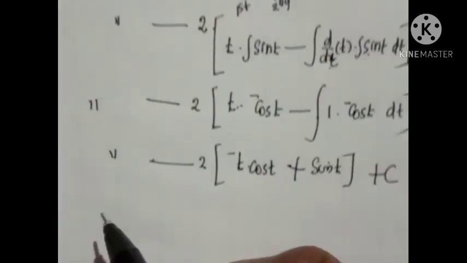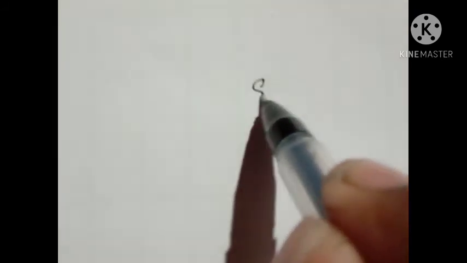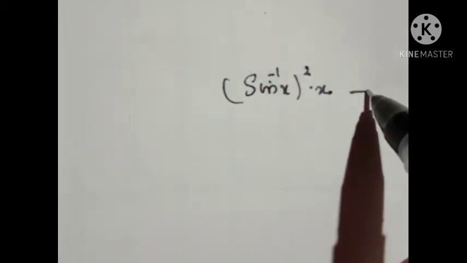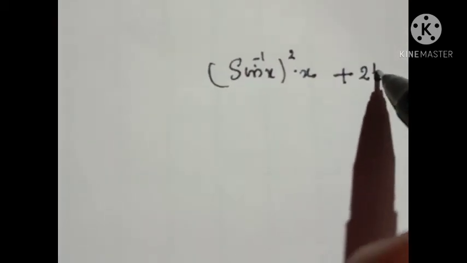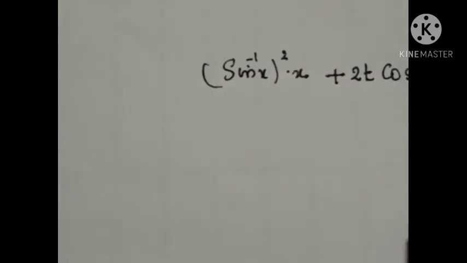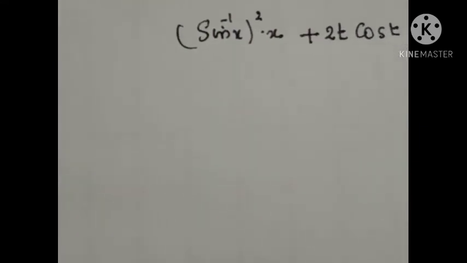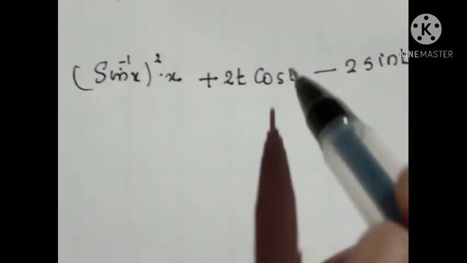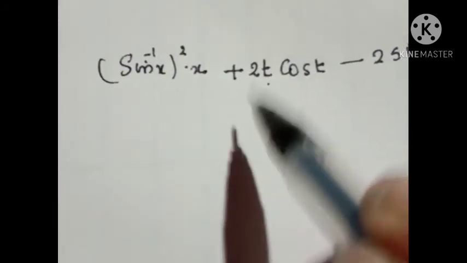So this is equal to (sine inverse x) whole square into x minus into minus, plus 2t cos t minus 2 sine t plus c. Now we need to change this t into x.